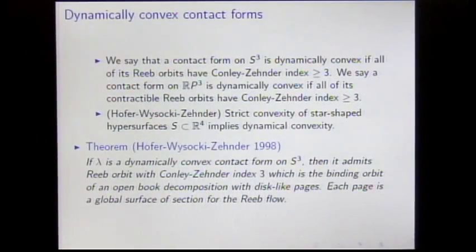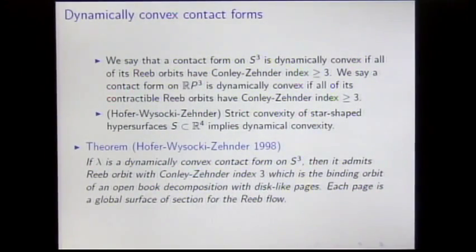Okay, now with that picture in mind, we are very close to the result that we get. So for a contact form on S3, as usual, you look at the Conley-Zehnder index of all periodic orbits. If they are at least 3, then you say that it's dynamically convex. And the same thing holds on RP3, but you look only at the contractible periodic orbits, and you assume that the index is at least 3 for all the contractible ones, then you say that the contact form is dynamically convex.